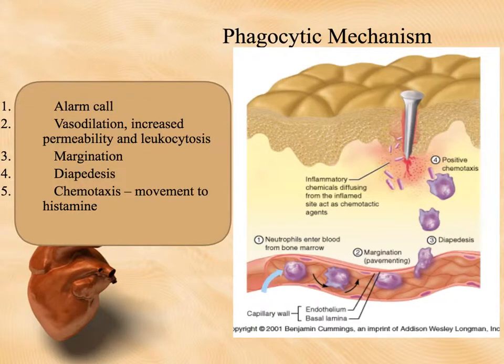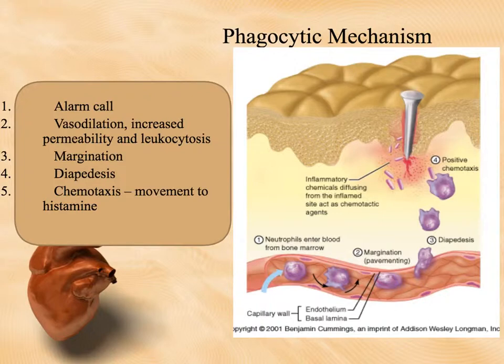Okay, so here we have the phagocytic mechanism, basically what happens now after we have this puncture here, the bacteria is in, the histamine acts like an alarm call, and that causes the vasodilation or the enlargement of the blood vessels.